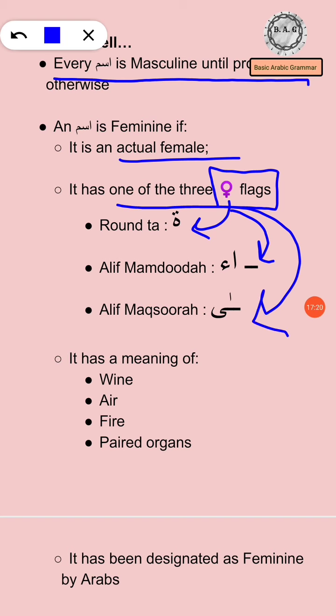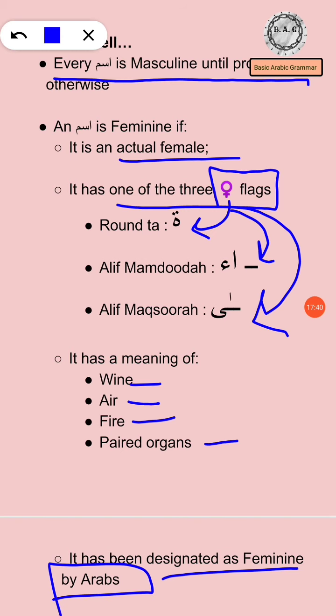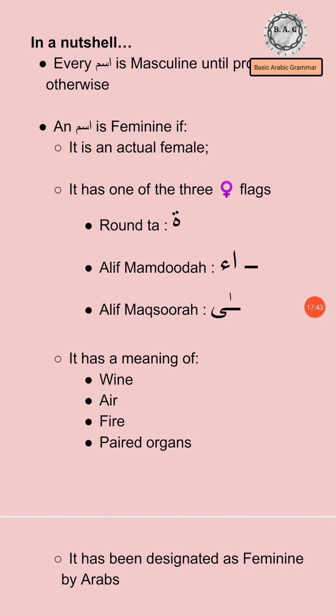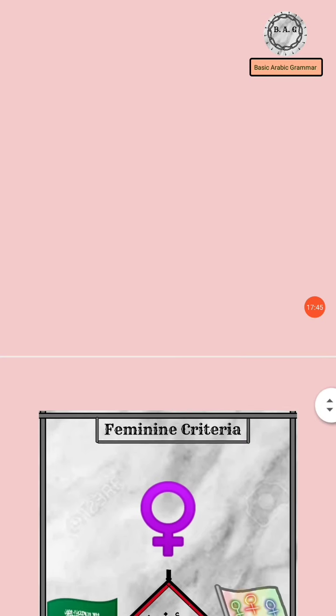All right. Next, it should be a synonym or it has a meaning of wine, air, fire, and the paired body organs. Okay. And the final point is that it has been designated as feminine by Arabs. Okay, so I hope these 4 points are clear, inshallah.